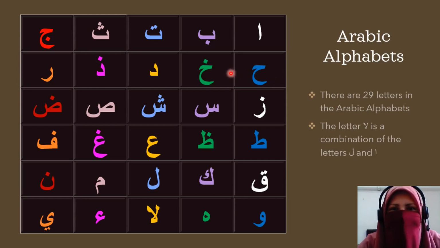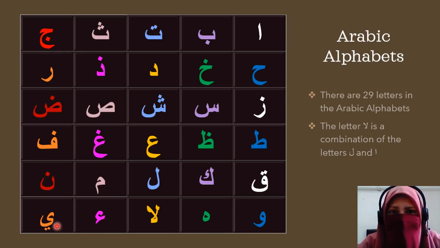Ha, Kho, Dal, Zal, Ra, Zay, Sin, Shin, Sod, Dot, Ta, Dha, Ain, Ghain, Fa, Qaf, Kaf, Lam, Mim, Nun, Waw, Ha, Lam Alif, Hamza, and Ya.